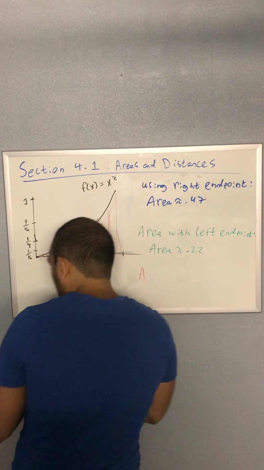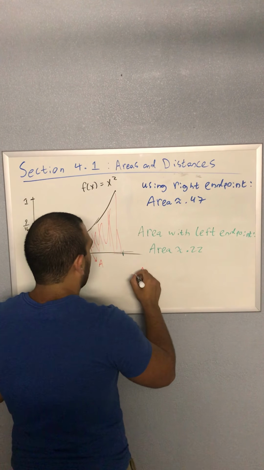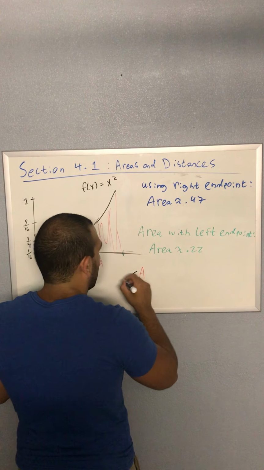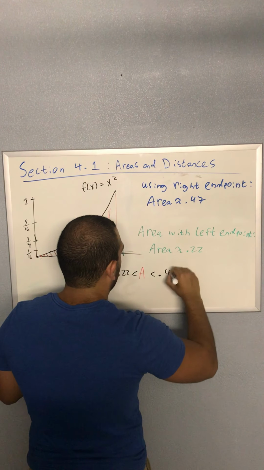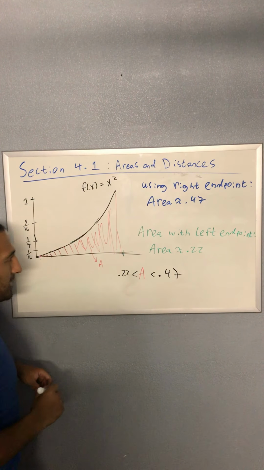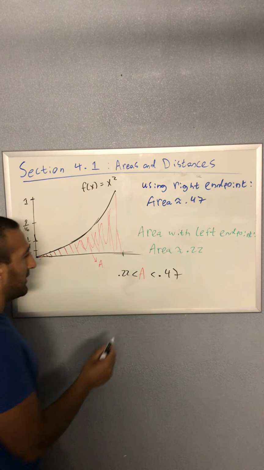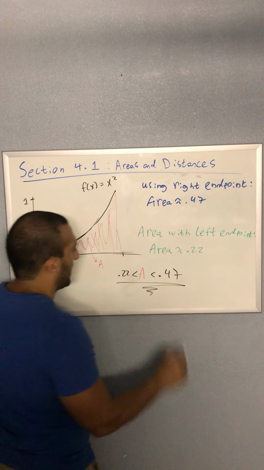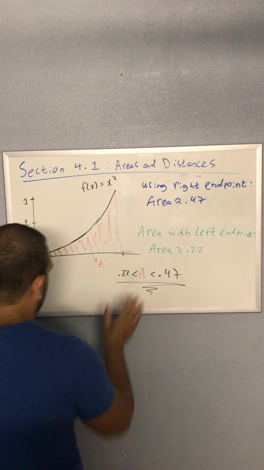The area A, we saw that green was an underestimate, so the area has to be larger than 0.22, but it has to be smaller than 0.47, because this was an overestimate. So we have an approximate area here.